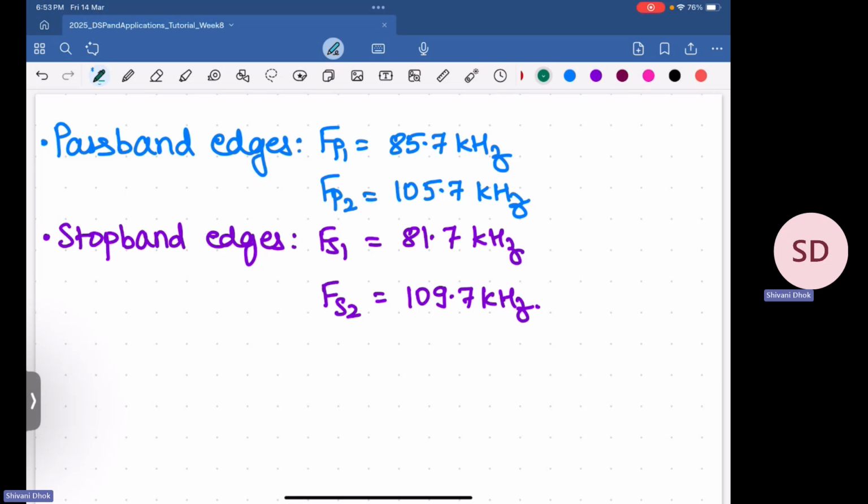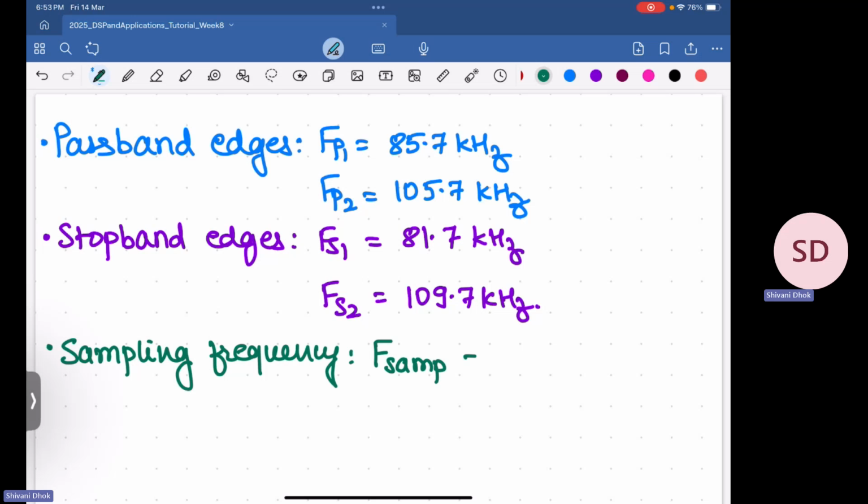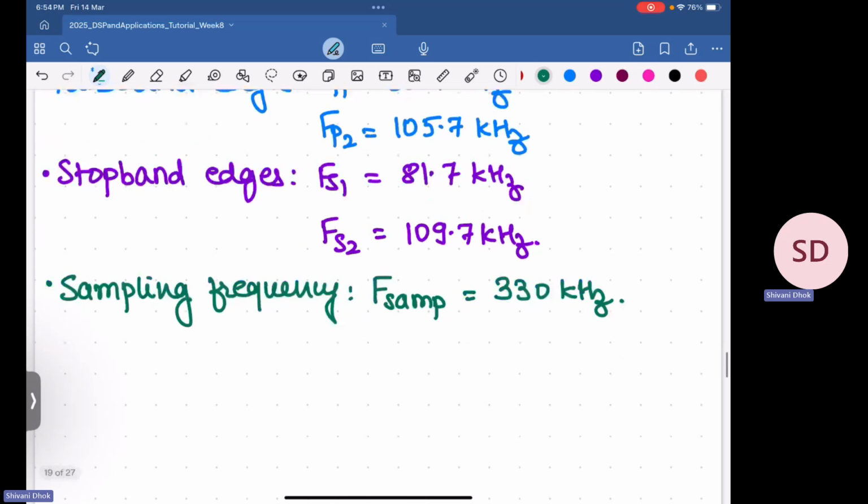Then we have the sampling frequency, FSAMP, which is given to us as 330 kilohertz. And then we have the tolerance, delta 1 equal to delta 2 equal to 0.15.